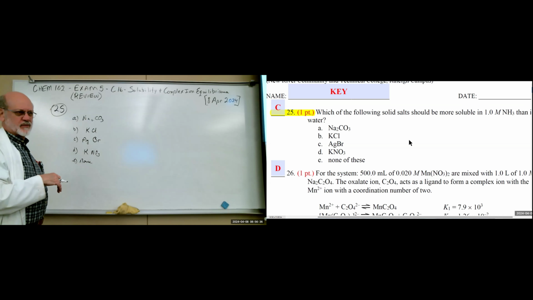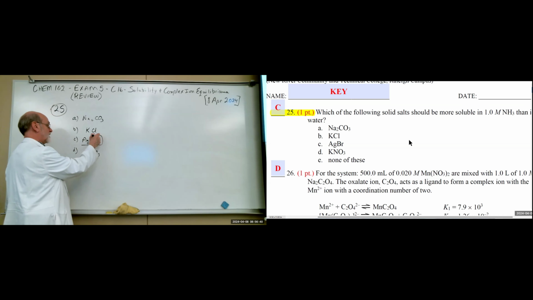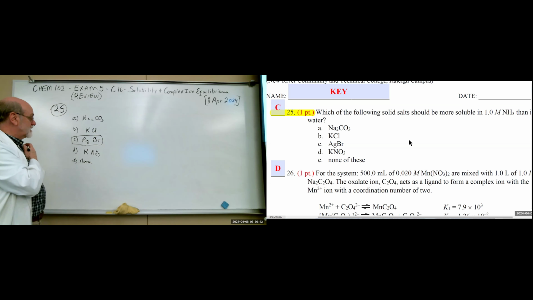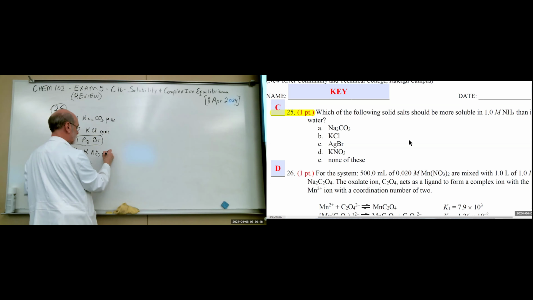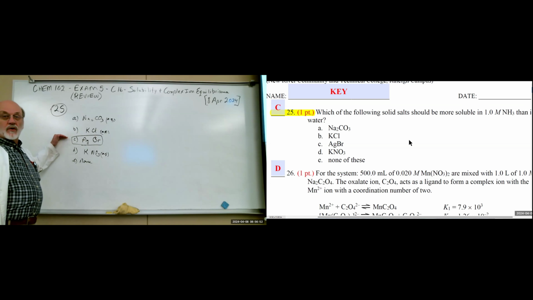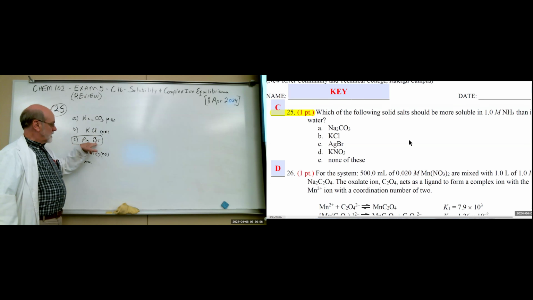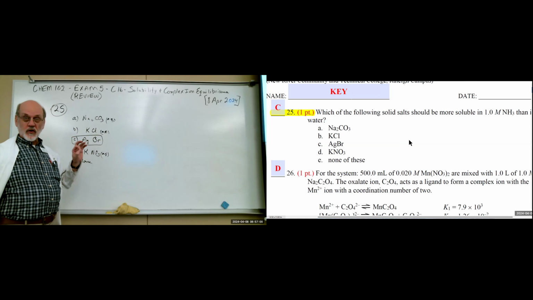All right, so that's kind of a dumb question. The only one that you got left to consider is this one, because these are completely soluble. You're not going to increase their solubility by doing anything. So the question is, will ammonia increase this solubility? HBr is a strong acid.